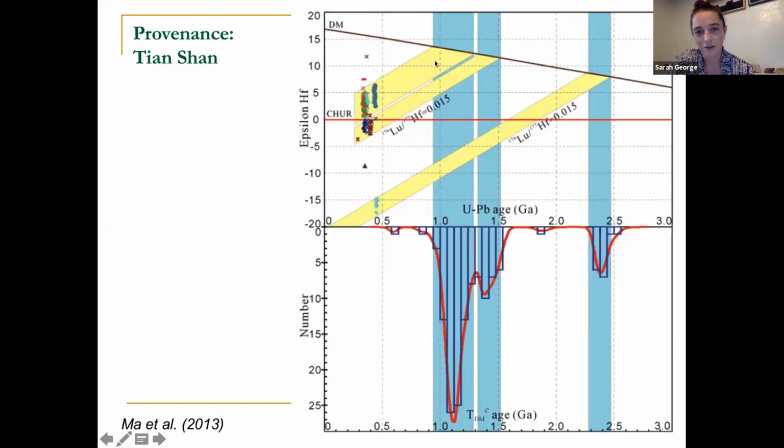They've drawn these yellow bars coming back to depleted mantle, turn those ages into a histogram, said that we have mantle extraction at 2.4, 1.4, 1.1 Ga.